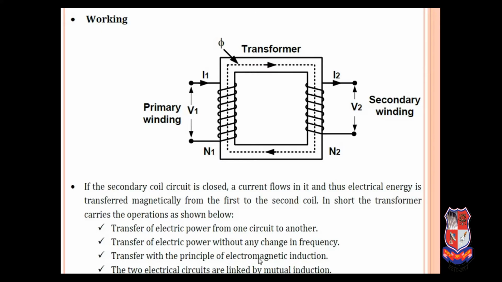Whenever a conductor cuts the magnetic field, an EMF is induced inside the conductor. This is Faraday's law. And last point: the two electrical circuits are linked by mutual induction.